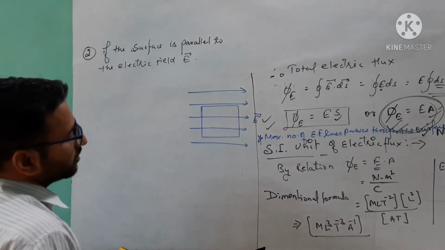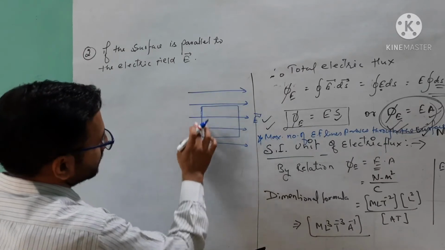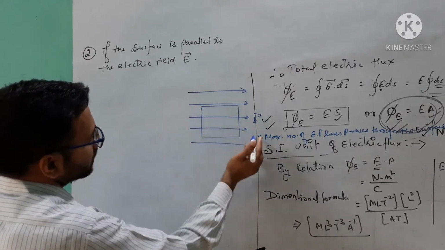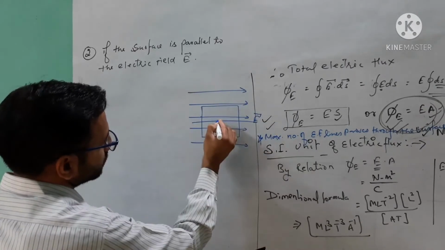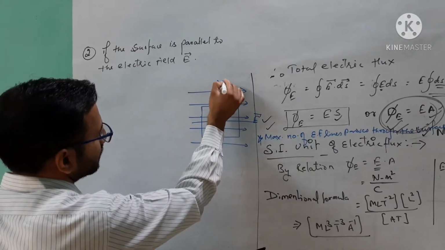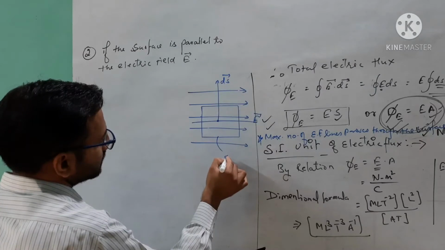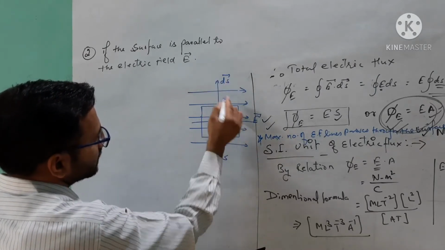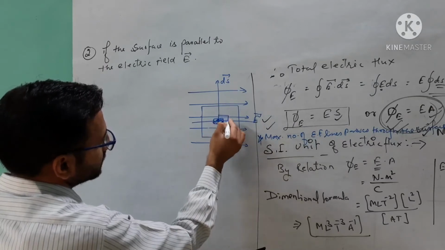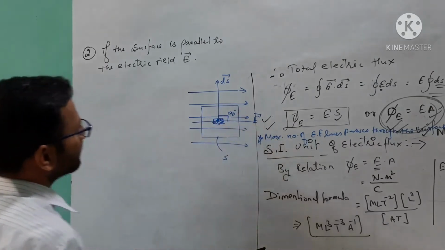This is our surface parallel to the electric field. Now if I show the direction of the area vector, you will easily understand. The area vector direction and the electric field direction are normal, a 90-degree angle between them.